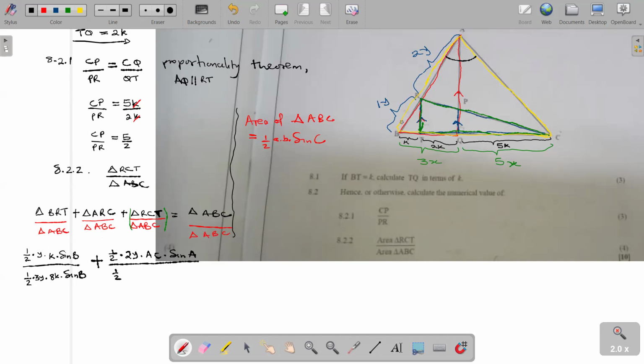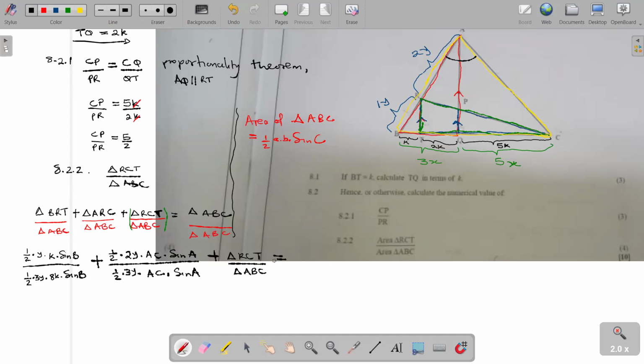So it means we will need this entire side for A. BC, this whole side is going to be 2y plus y, which is 3y, times this side AC, so that will make our angle A included, times sine A. Then it's going to be plus this ratio, which is our required ratio, which is area of triangle RCT divided by area of triangle ABC.